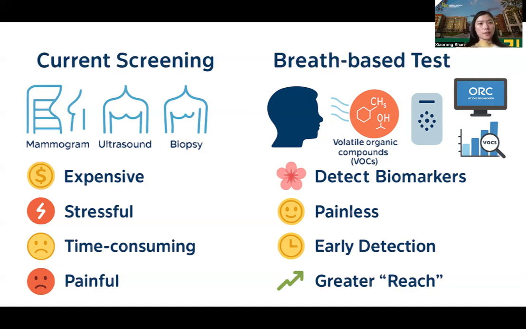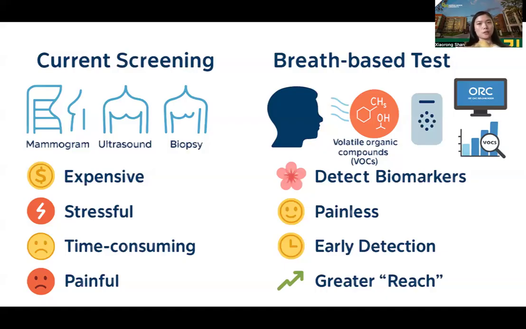From hundreds of chemical compounds, I identified 5 key compounds that can tell the early stage breast cancer apart at about 81% accuracy. These findings are the scientific foundation for a new way of screening using what we call a nose-like sensor made of 6 to 8 mini sensors, each designed to respond to specific chemical patterns in breath.